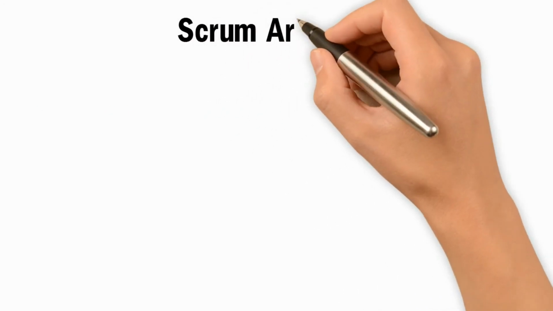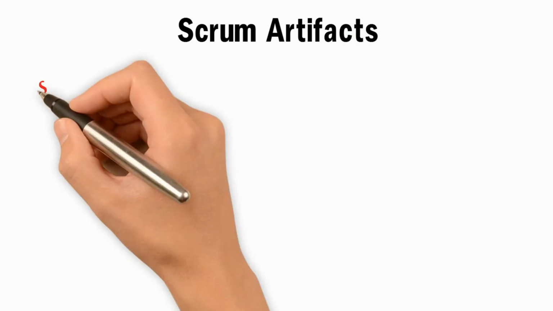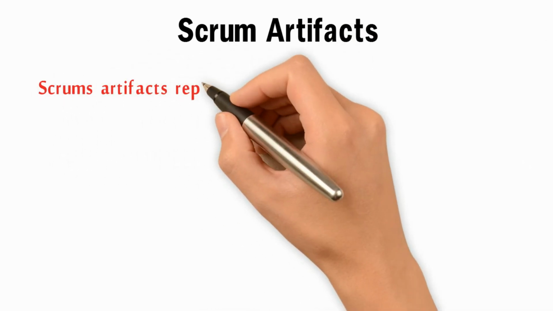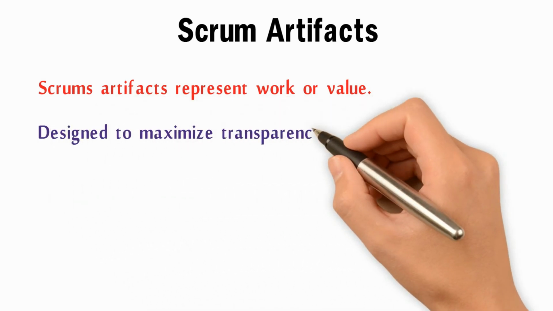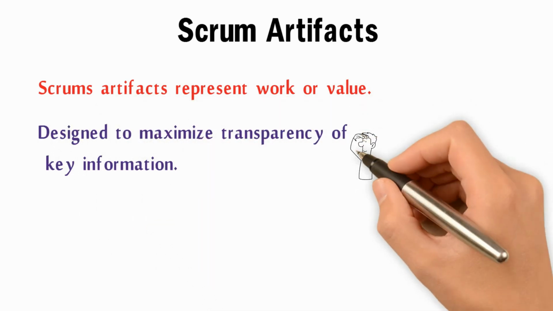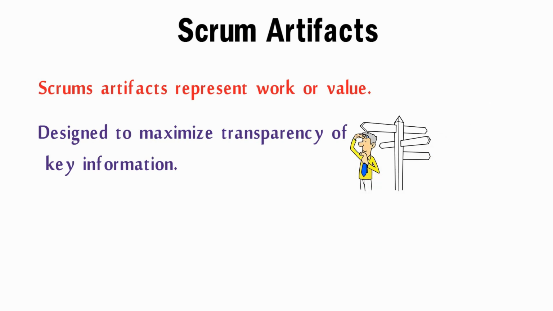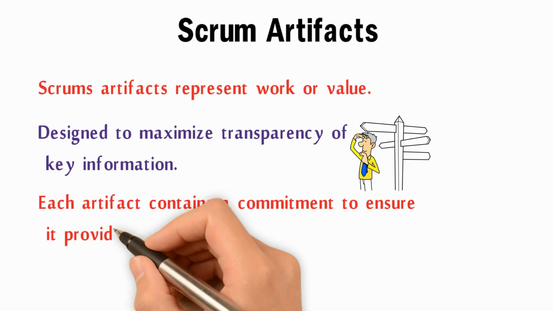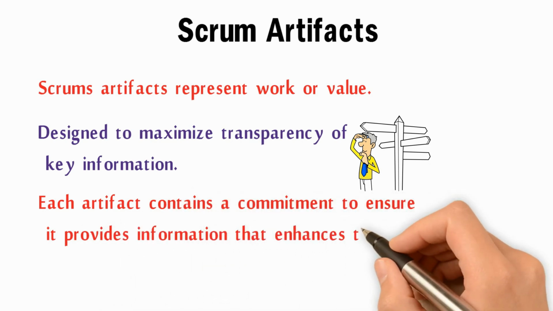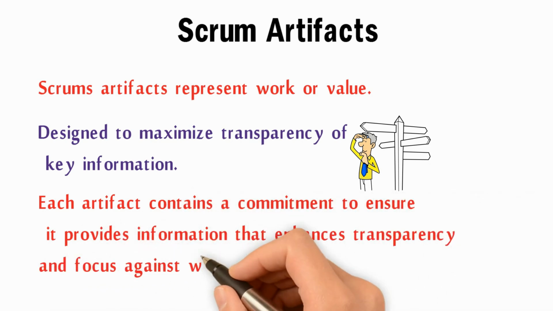Scrum Artifacts. Scrum's artifacts represent work of value, designed to maximize transparency of key information. Each artifact contains a commitment to ensure it provides information that enhances transparency and focus against which progress can be measured.